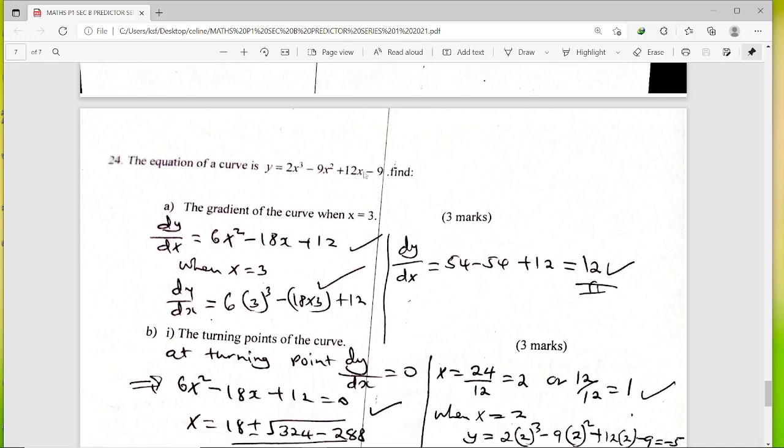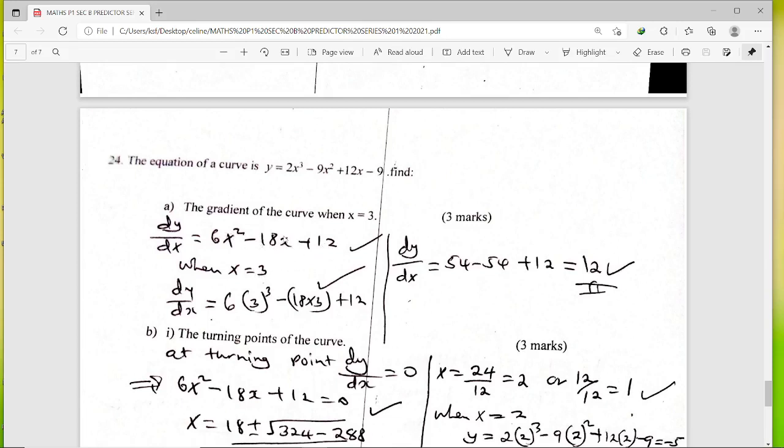Then remember this one, it is x to the power 1. 1 times 12 is 12, and 1 minus 1 is 0, so x to the power 0 is 1, so we remain with 12. But when you differentiate a constant, the answer is 0. So we have 6x squared minus 18x plus 12. Then when x is 3, we substitute the value of 3 here.